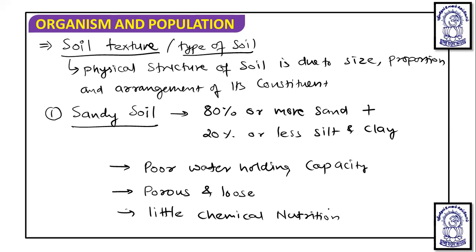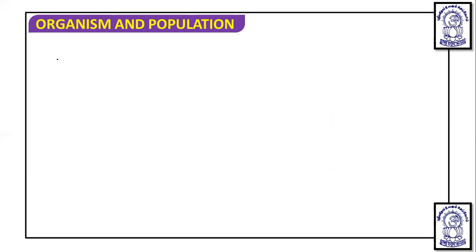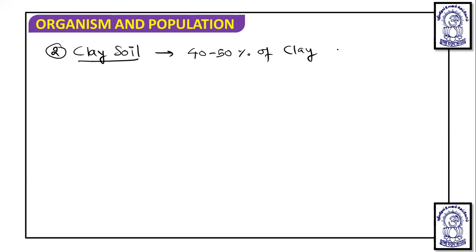Now, the second type of soil texture which we discuss here is the clay soil. Clay soil has 40 to 50% clay, then 50 to 60% silt, and a little sand may be present.